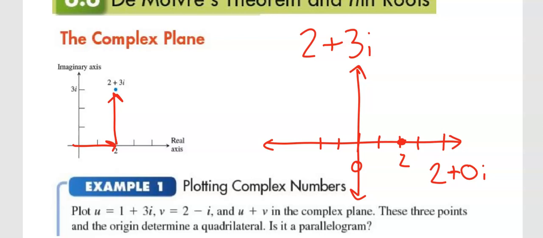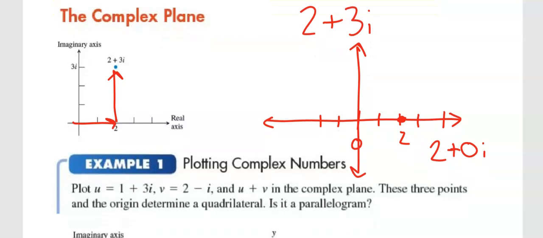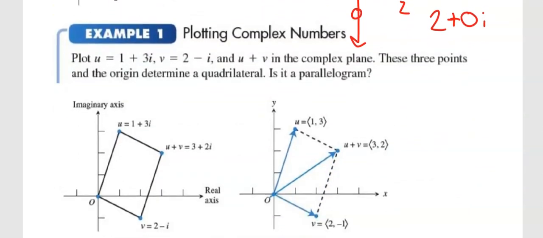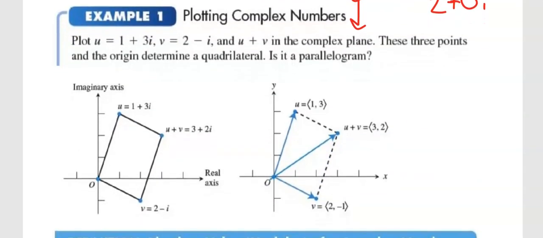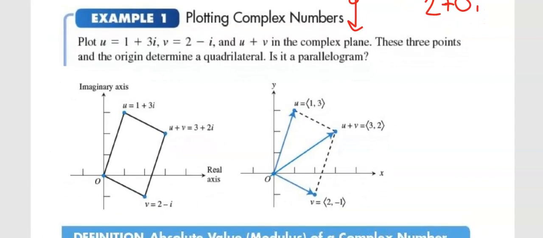So, understanding the complex number plane, this is really just kind of like x's and y's. But we're dealing with real numbers on the x-axis and imaginary numbers off. And so we can have complex numbers, a real plus an imaginary, or real minus imaginary, that kind of thing.